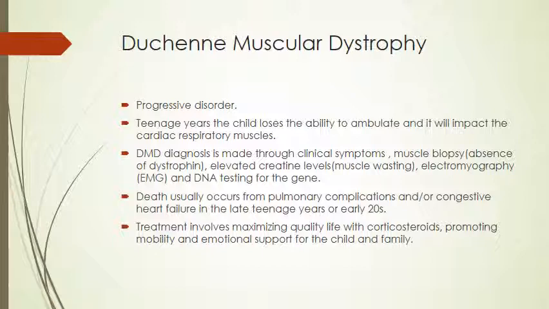This is attributed to muscle wasting. An electromyography, or EMG, can be done for diagnosis, as well as DNA testing for the gene. Death usually occurs from pulmonary complications and/or congestive heart failure in the late teenage years or early 20s.